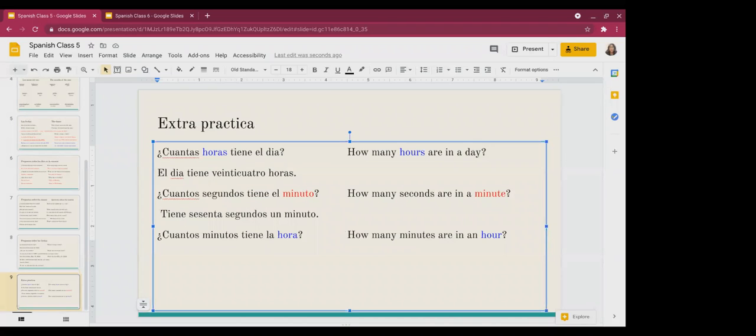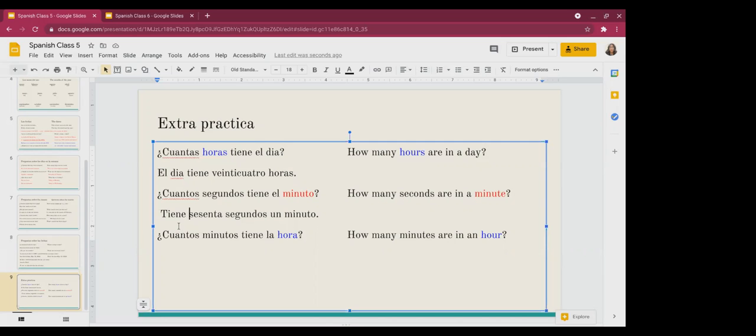If you were to translate word for word, it says has 60 seconds, 1 minute. So in Spanish, you tend to flip the words around. So here it says, ¿cuántos segundos tiene el minuto? Then you would respond, tiene, right? Because they're asking you how many. So you would start out with, tiene 60 segundos un minuto. So it means that there is no subject in the beginning? Mm-hmm. Yes.